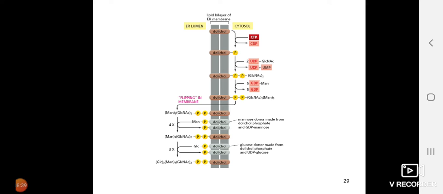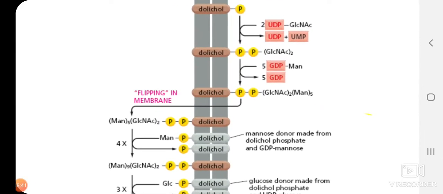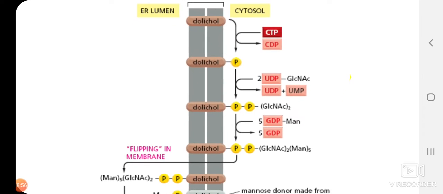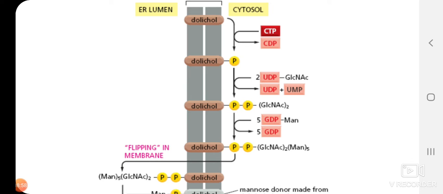Here you can make out how the whole process takes place. First, to the dolichol there will be addition of a phosphate group by CTP, and later different glycosyl transferases come in.